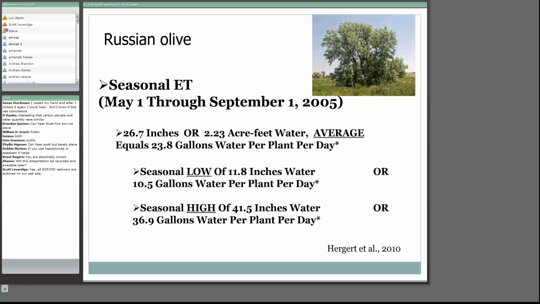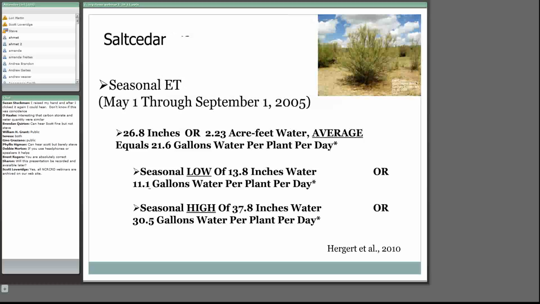If we look at the seasonal low, 11.8 inches of water, or 10.5 gallons of water per plant per day, versus a high of almost 37 gallons of water per plant per day. So, variation in plant type and location. If we look at salt cedar, tamarisk, again, a similar situation in the amount of water being used per plant per day.